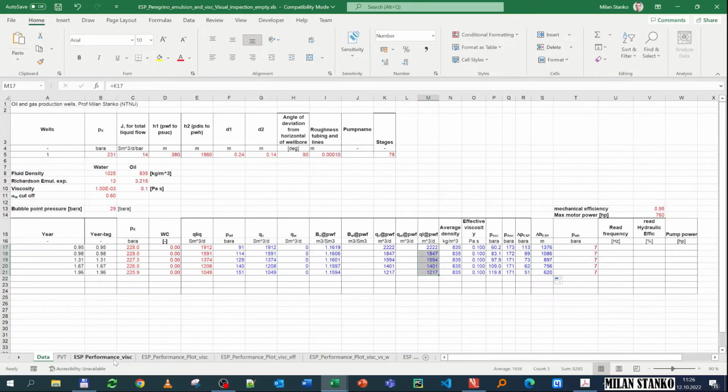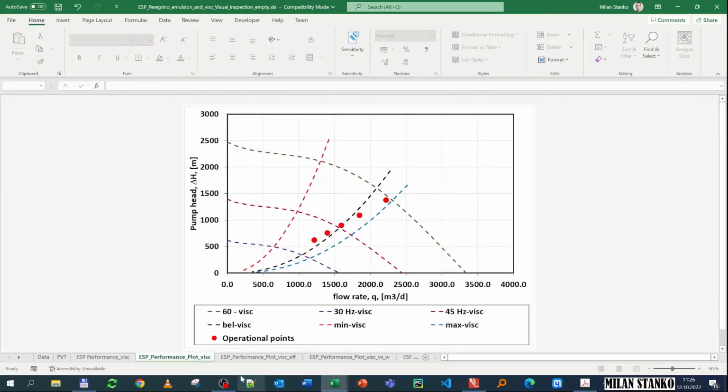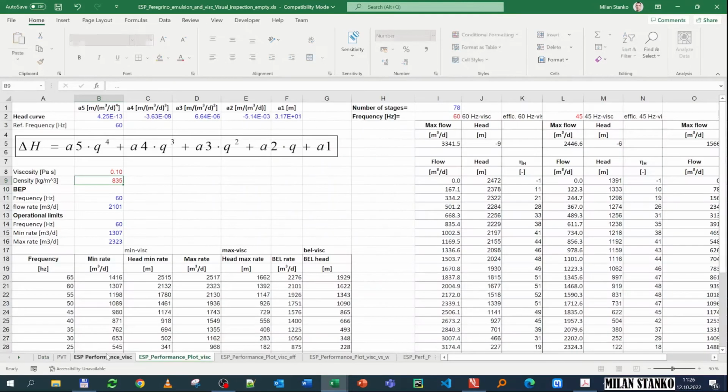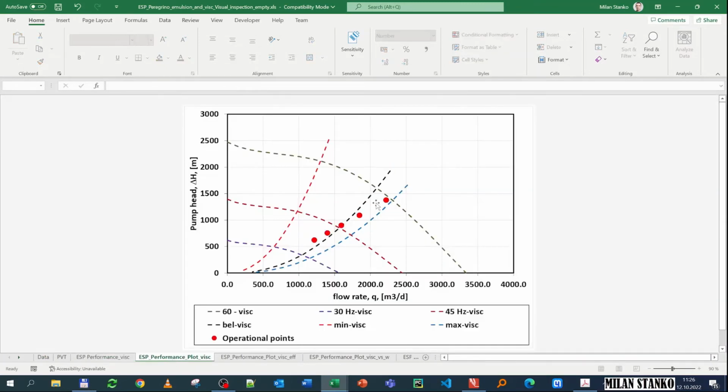Okay, if you see now I have plotted that here, and this is already having the correction for 100 centipoise and 835. So you see that the points actually fall very nicely inside the map. This is the initial time, and then it's going later in time. The rate is being reduced, and also the delta P is reduced.